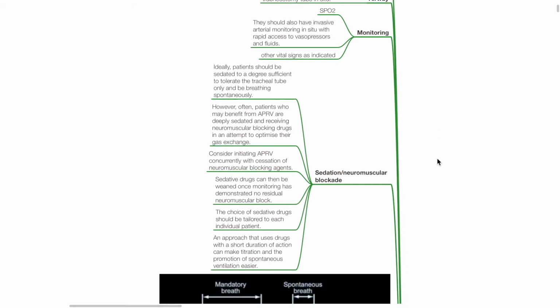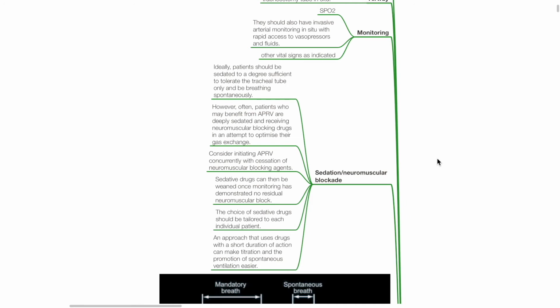Sedation and neuromuscular blockade. Ideally, patients should be sedated to a degree sufficient to tolerate the tracheal tube only and be breathing spontaneously. However, often patients who may benefit from APRV are deeply sedated and receiving neuromuscular blockers in an attempt to optimize their gas exchange. Consider initiating APRV concurrently with cessation of neuromuscular blockade.